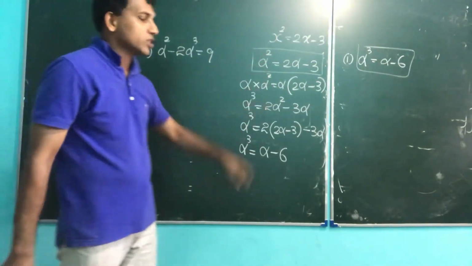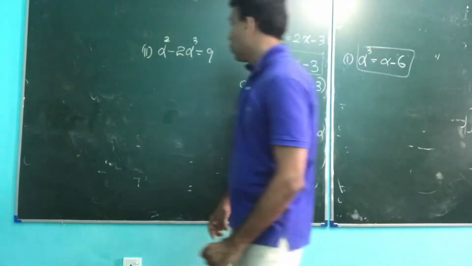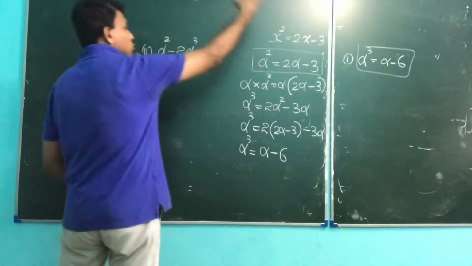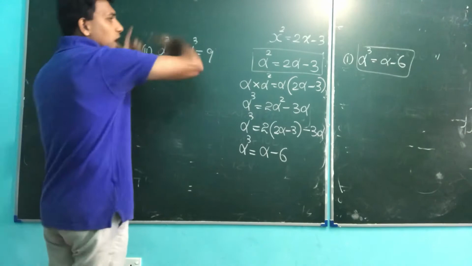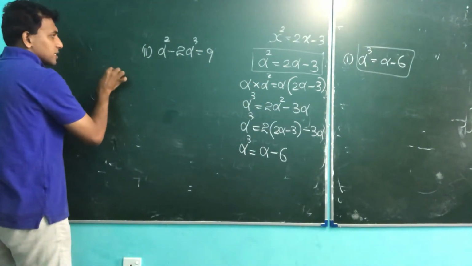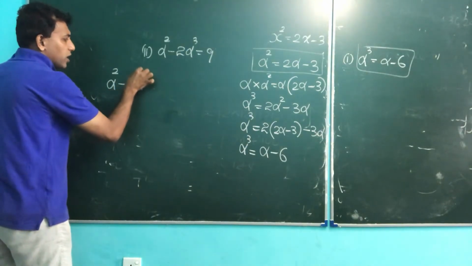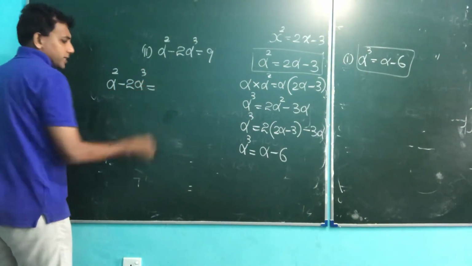Therefore, I substitute those parts here and show the answer is 9. So see the second answer: alpha square minus 2 alpha cube equal to what?